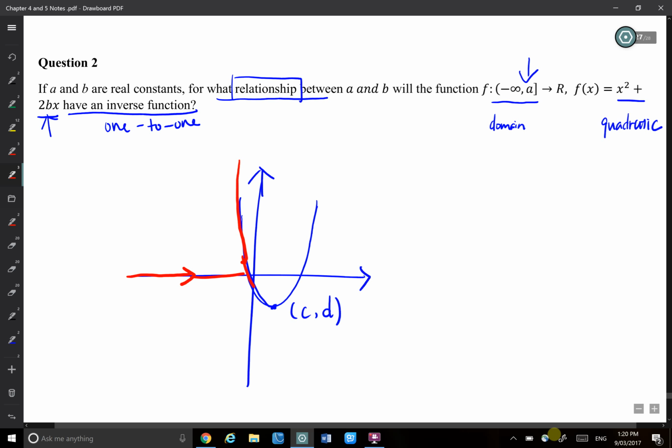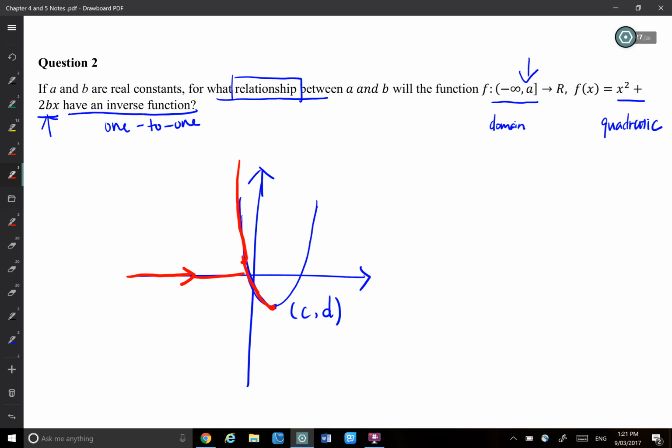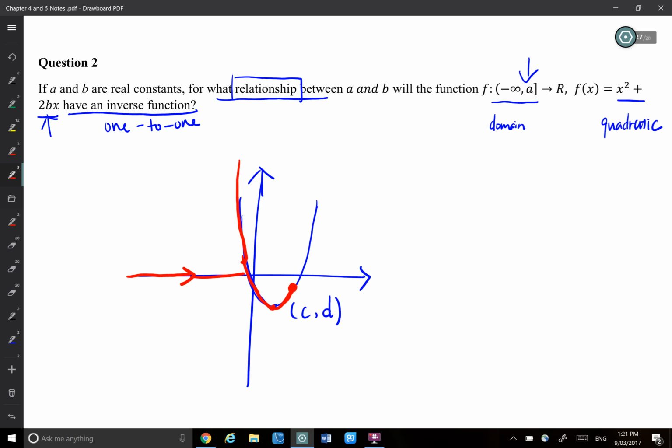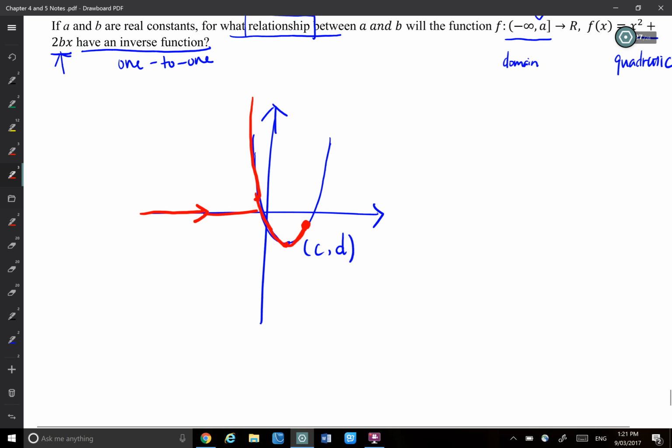If you go a little bit further, that is still a one-to-one function. If you go even further, that's still a one-to-one function. But I can't keep going from that point. If I go past it, that will become a many-to-one function, so for it to be one-to-one, the maximum point I can reach is the turning point.